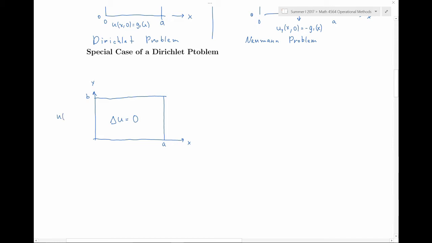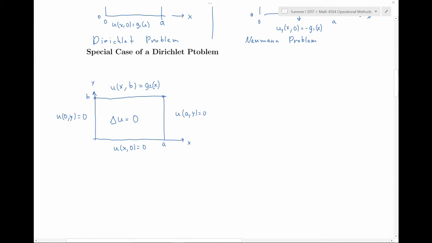So here, u at x equals 0 of y should be 0. Here, u at x equals a of y should be 0. On this boundary, u at y equals 0 should be 0. And here, u at y equals b should be g2 of x.